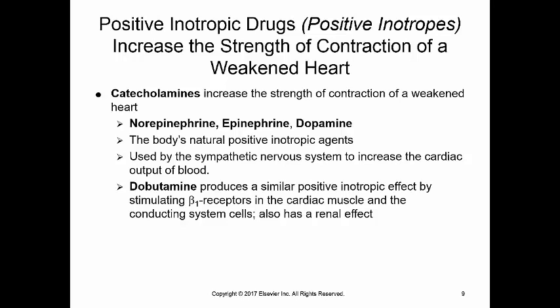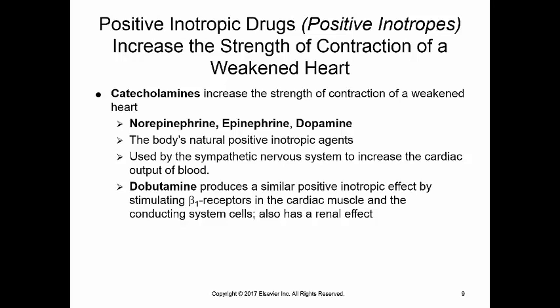They're all based on the natural positive inotropic hormones in the body. So they increase the heart rate, and they increase the contraction of the heart at the same time. And there can be some side effects when we use these drugs, such as jitteriness or heightened alertness, sometimes a fight or flight response of the body.